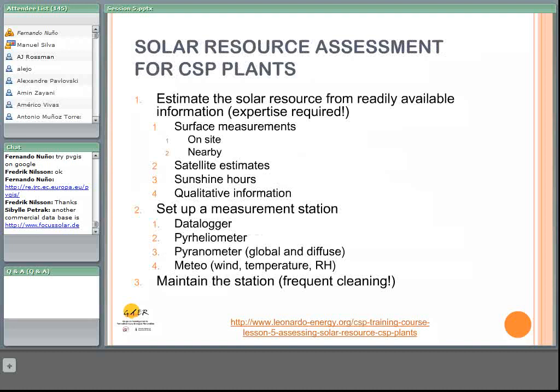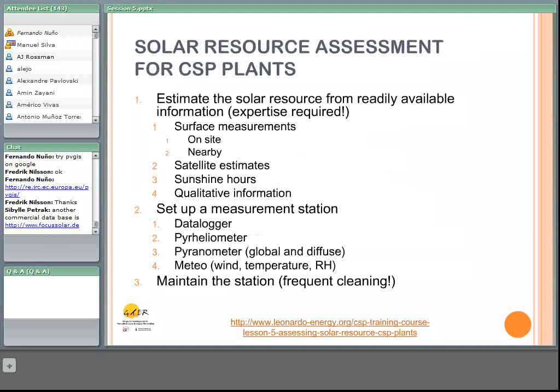If the station is farther, it's worse, but still it is a source of information. The distance where you should look also depends on the characteristics of the site, whether it's just very flat land or the orography is complicated, etc.